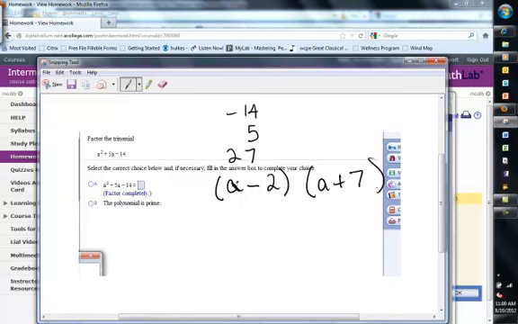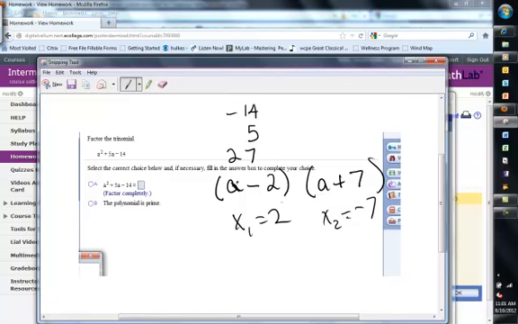Let's put it on our calculator. On mode 5, 3. And we put in 1, 5, and negative 14. And we get x1 is 2, which is a minus 2, and x2 is negative 7.